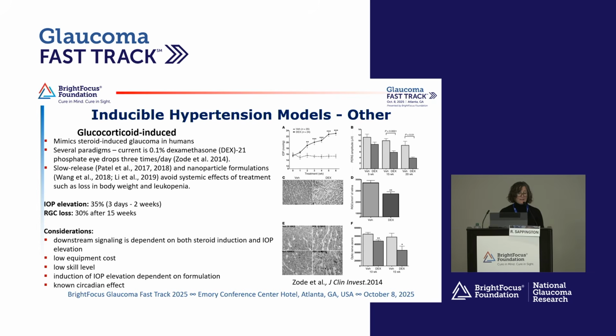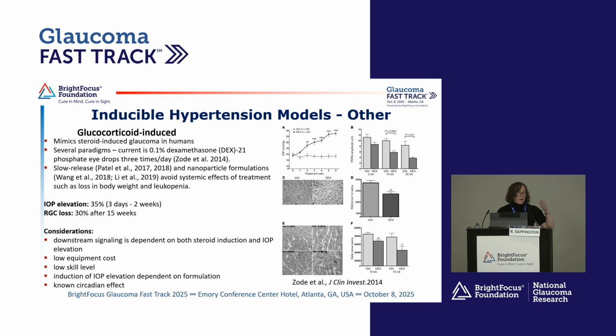So we've talked about, Elliott talked about the glucocorticoid-induced model, which I think is important, and I wanted to highlight here, because this is a model that bridges both, right? So you can use it for anterior segment, but you can also evaluate ganglion cell loss, which after 15 weeks is at about the 30% mark, which is similar to some of the other models that we've talked about.